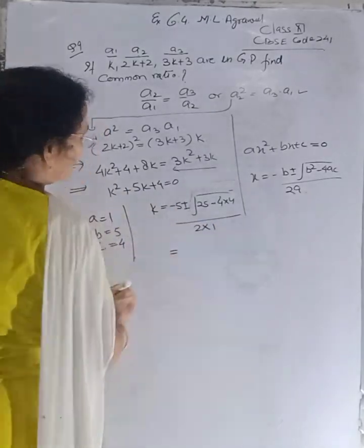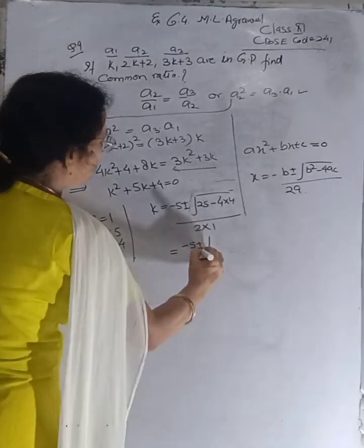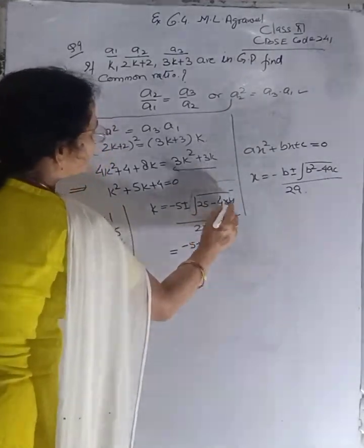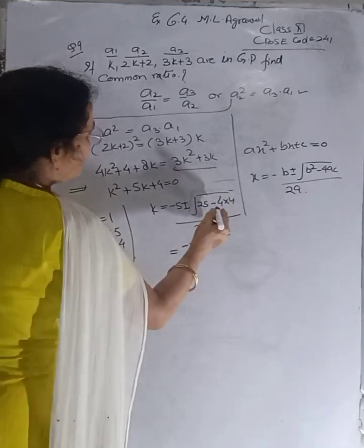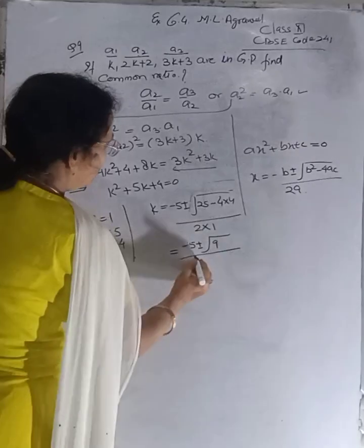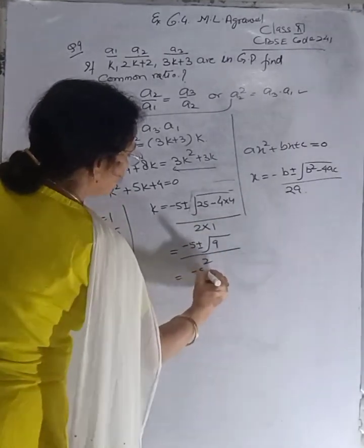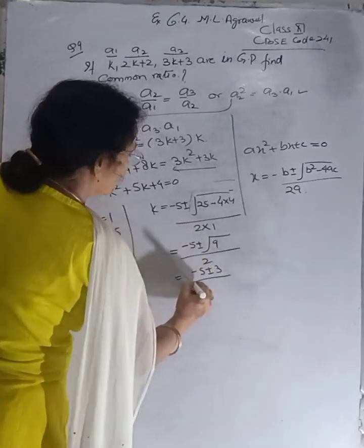It means the value of k will be equal to -5 plus minus root of 25 minus 16, that is 9, upon 2, that is -5 plus minus 3 upon 2.